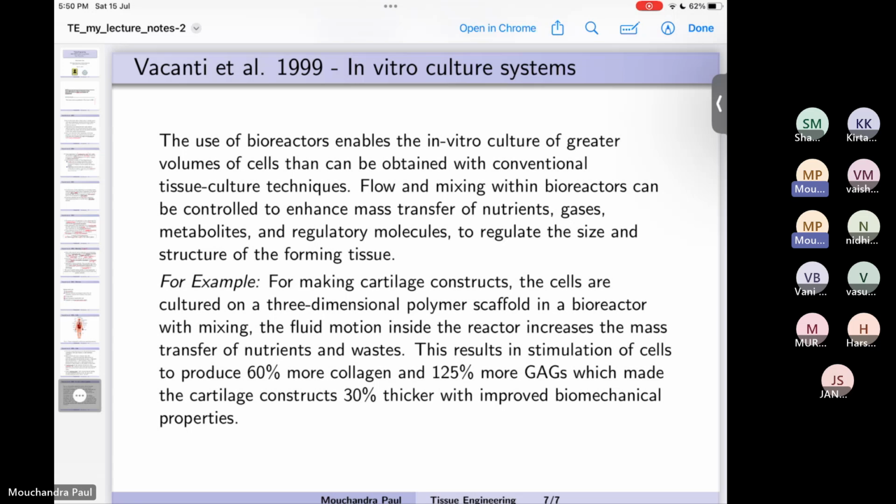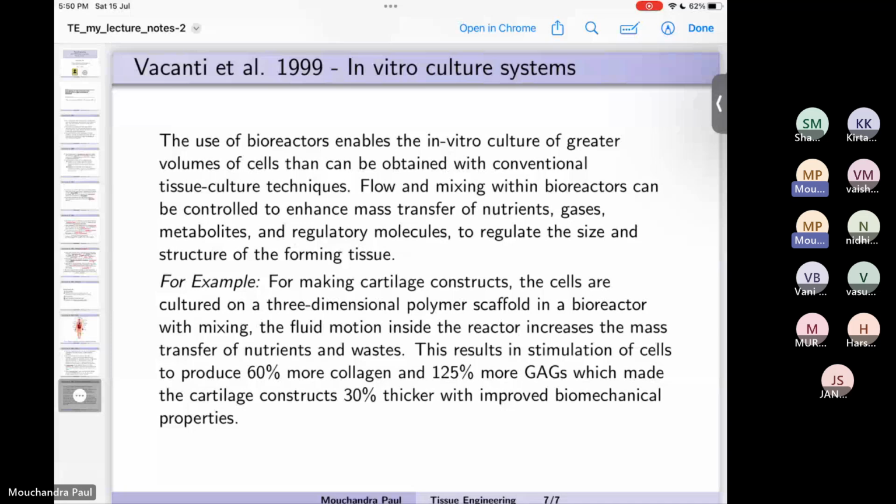More or less the principle of cell culturing remains the same, only scaling up has happened, and more media, etc., is required. In lab scale, we don't worry about mass transfer or heat transfer.